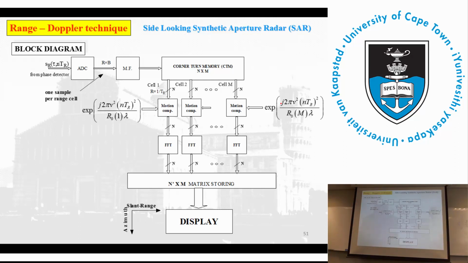Then you perform your motion compensation with this phase term here, and you get another vector N, because this motion compensation is an element-wise multiplication. So you get the same vector N, and at this stage you call this the compensated signal.